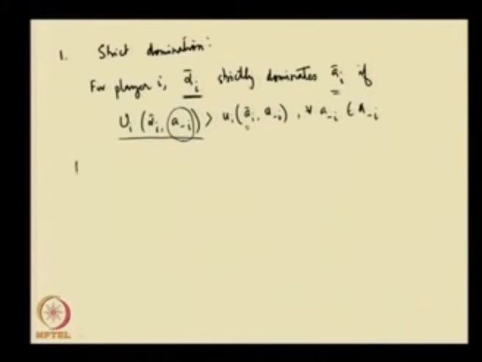And weak domination. One more thing to note, here I am using two U's. Here I am using capital and here small. Capital stands for expected payoff, and when I am using small u, it is not expected payoff.